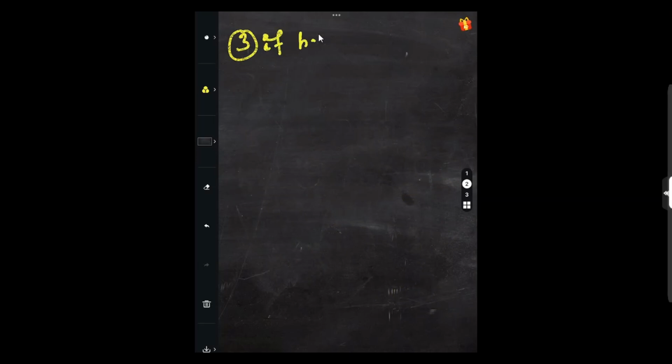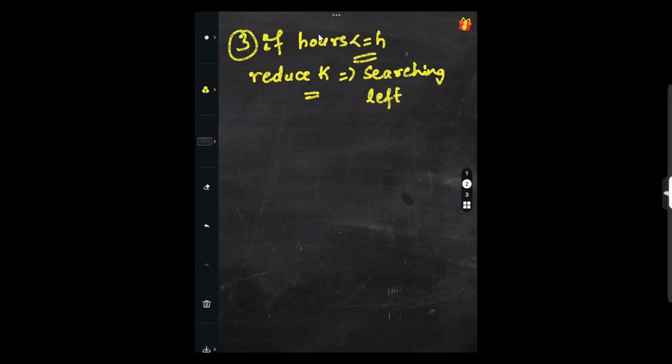If hours is less than or equal to h, then we have to reduce k by searching the left half.